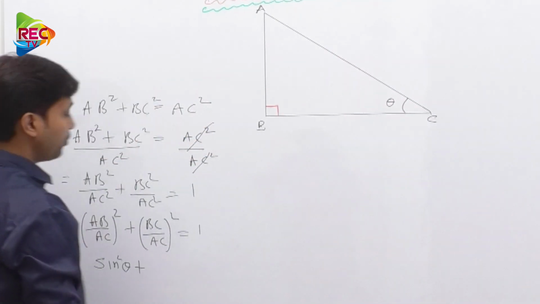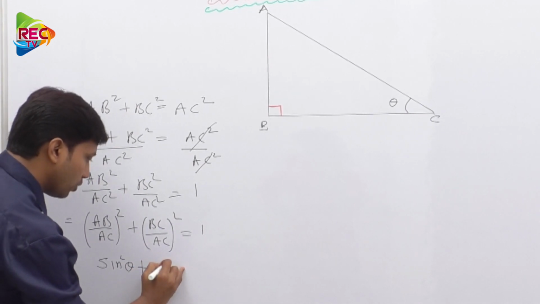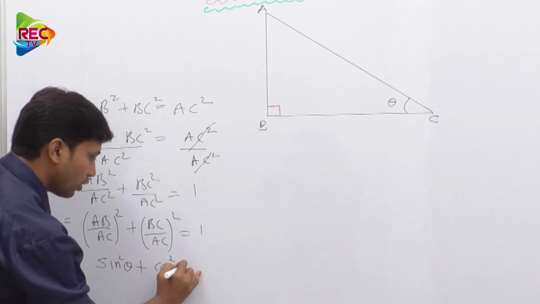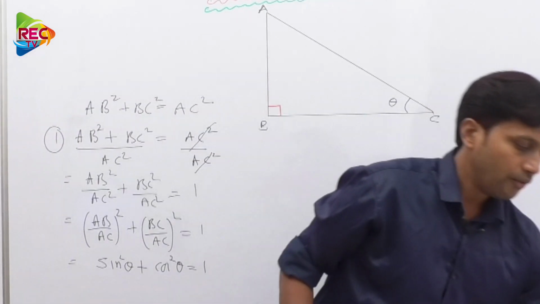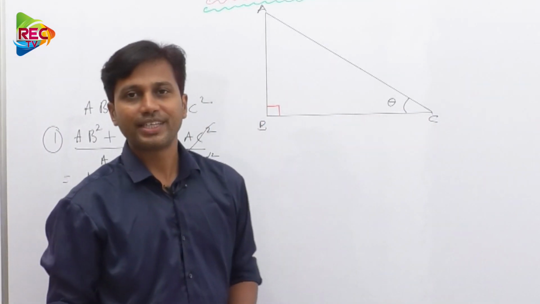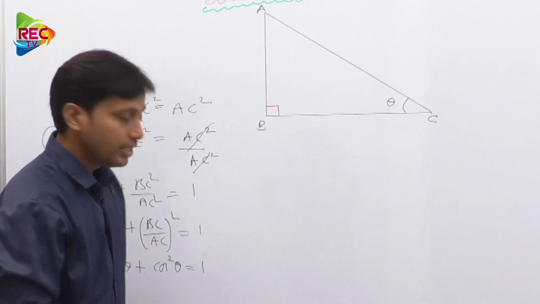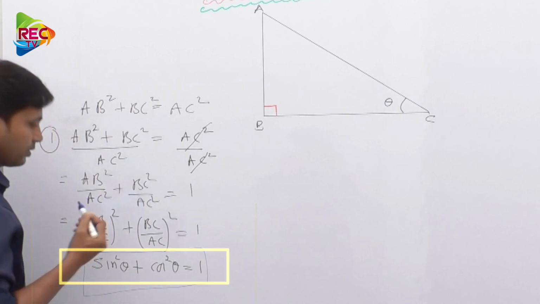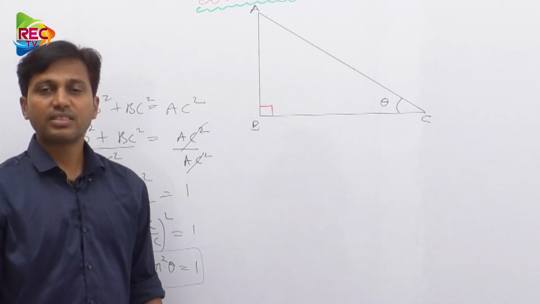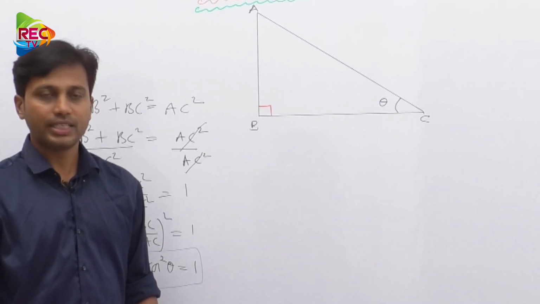Therefore cos theta whole square is cos square theta, which is equal to 1. Now this is your first identity of trigonometric ratios. Got it? Sine square theta plus cos square theta equal to 1.